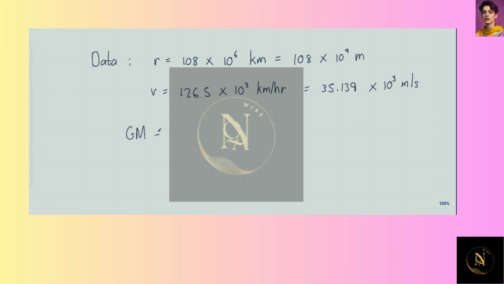So we write GM as r v squared, so we just take r and multiply it by v squared, 35.139 times 10 to the 3 in SI units, which is squared, so we get GM to be 1.3335 times 10 to the 20, and that's meters cubed per square second.